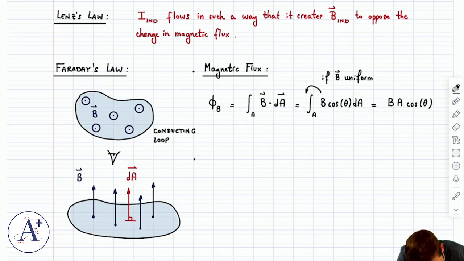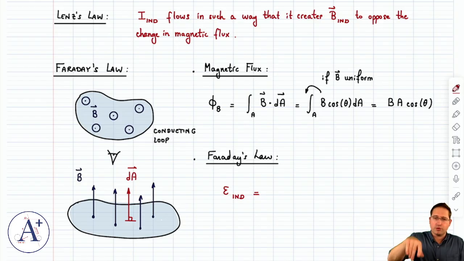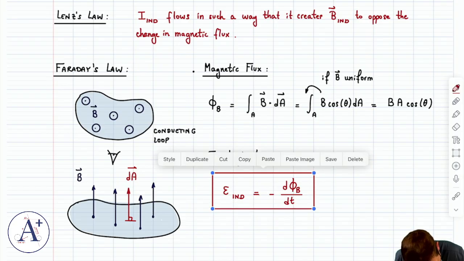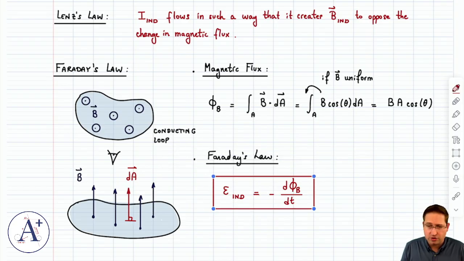And so Faraday's law is going to tell us that epsilon induced, the induced EMF around the loop, is going to be equal to minus d phi B dt. So mathematically, we're saying, yeah, it's not really just the flux that matters, it's how the flux changes, right? And epsilon induced is going to drive I induced.